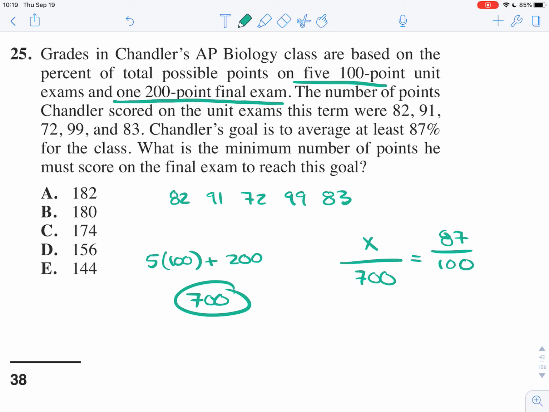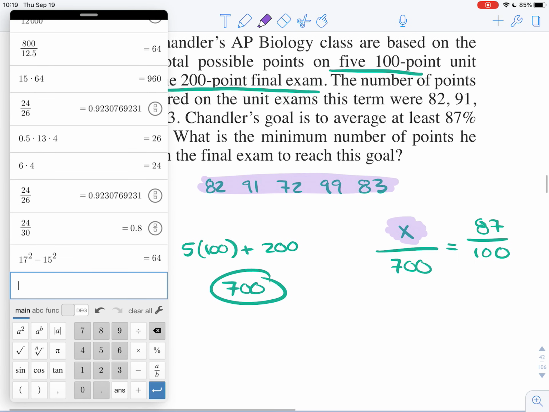Choice is yours. We kind of have an idea of what some of these total points are because we have the first exam scores. So if we actually add those up, 82 plus 91 plus 72 plus 99 plus 83, that gives us 427.